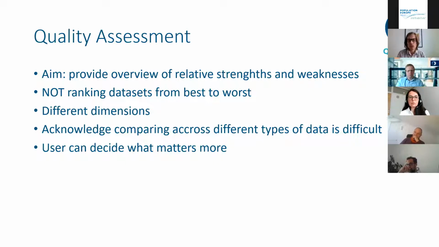Also, we have to acknowledge that it's a difficult task to compare different types of data. It's difficult to compare, say, register data to survey data. And so in one of our dimensions, we also account for that. But basically, the key message here is that users can decide what matters more for them, but we just give them different dimensions to show the relative strengths and weaknesses of the different data sets.